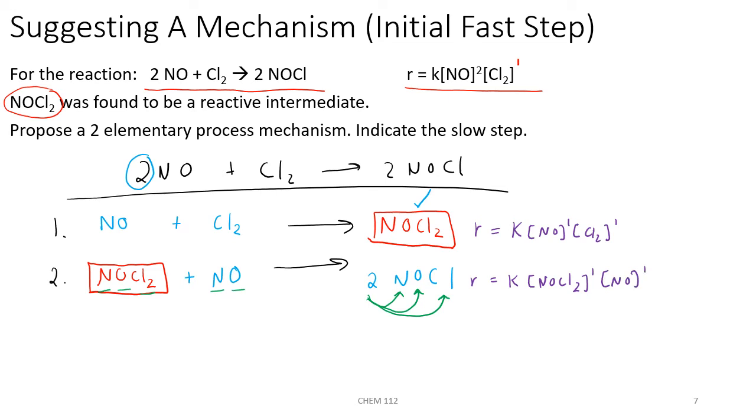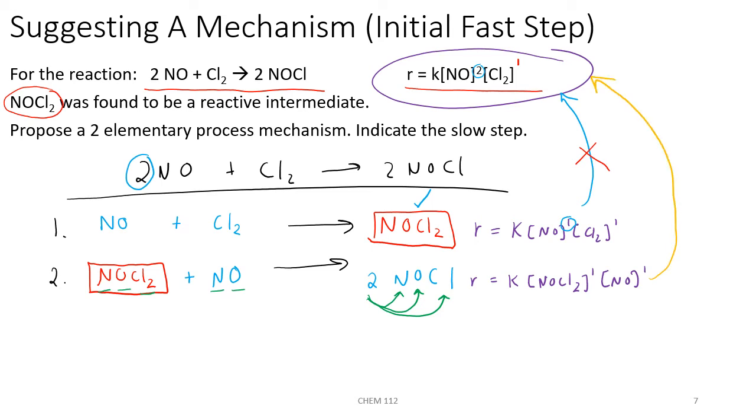Now if we compare the rate law for our overall equation that we were given to the individual rate laws, notice that our rate law for step number 1 and the overall equation does not match because in the overall equation, nitrogen monoxide is raised to the second order, whereas in our first step, it was raised to the first order. So in this case, the rate law does not match the first step. Now, does the rate law match the second step?